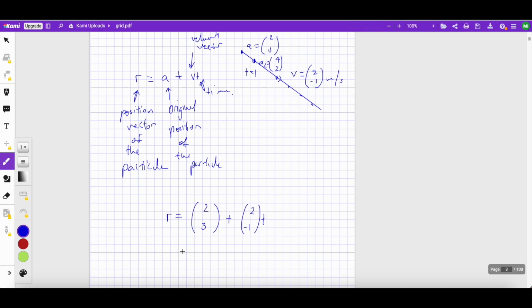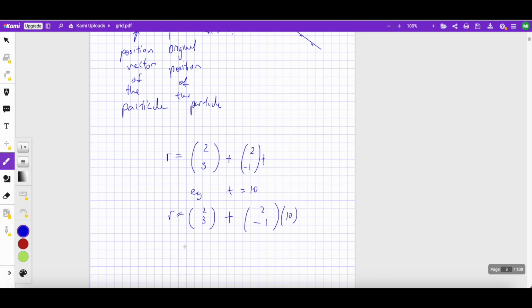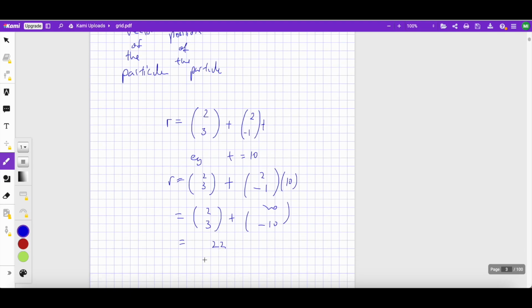For example, at time equals 10, my r value will be 2, 3 plus 2, minus 1 times 10. That will be 2, 3 plus 20, minus 10, so that will be 22, minus 7.